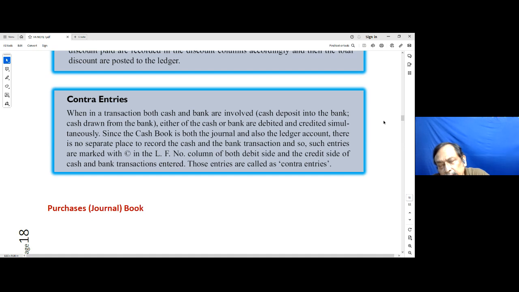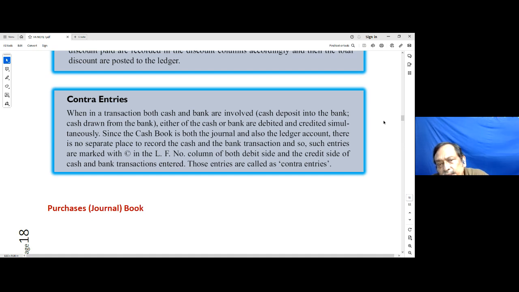That is, when an amount is actually being paid to the bank, then bank will be debited and cash will be credited. And again, when the money is withdrawn from the bank, then cash account will be debited and bank account will be credited.